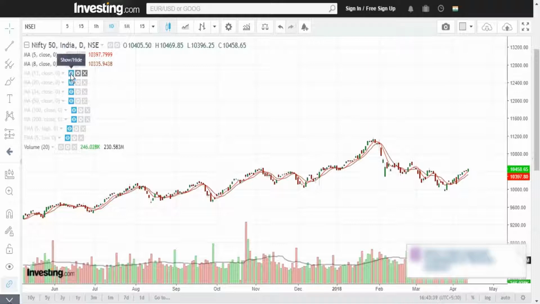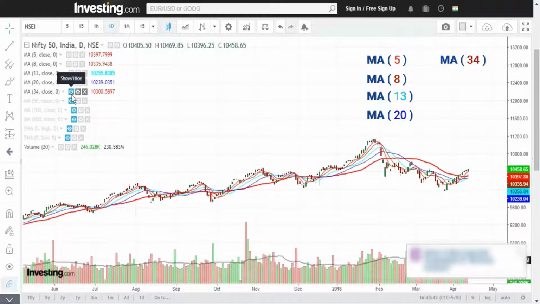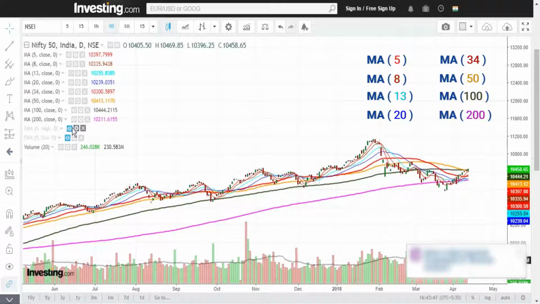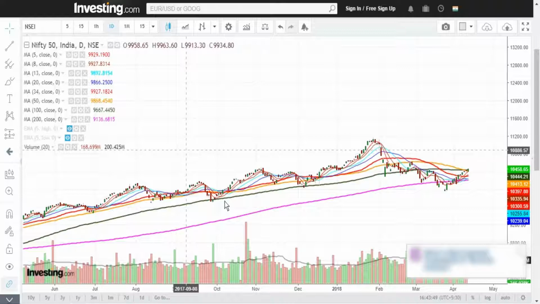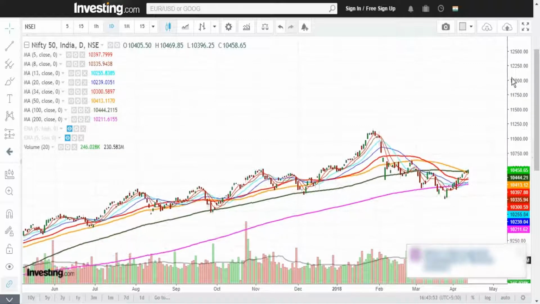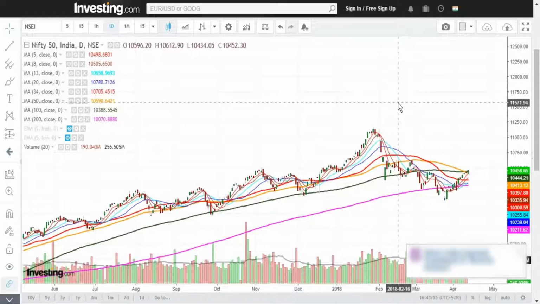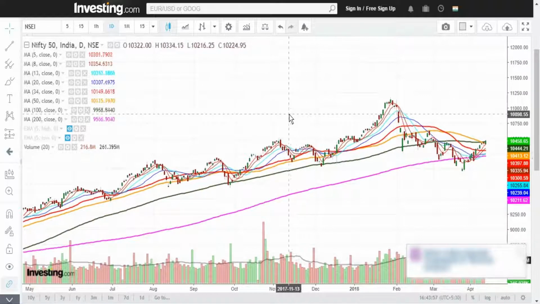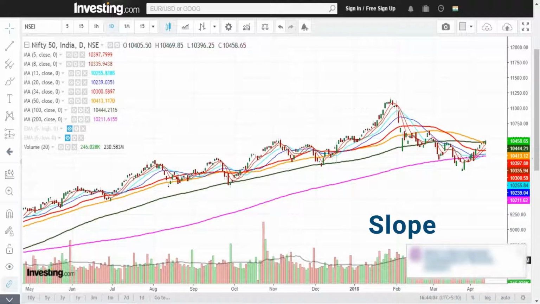Here we have plotted the 5, 8, 13, 20, 34, 50 period, 100 period, 200 period moving averages. We will come back to this chart later, but for now let us focus on a few aspects of the moving average that are useful in trading. The most important point is the slope.